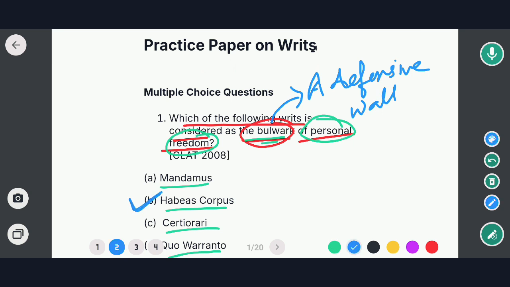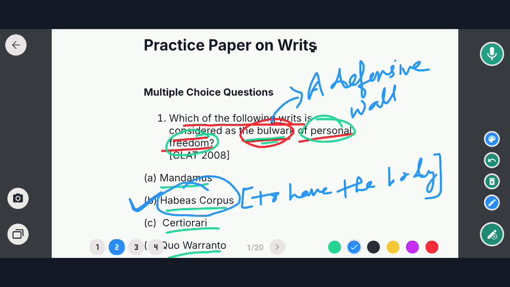Habeas corpus means to have the body. That means if any person is illegally or unlawfully detained, then we can file the writ of habeas corpus directly to the Supreme Court or the High Court.